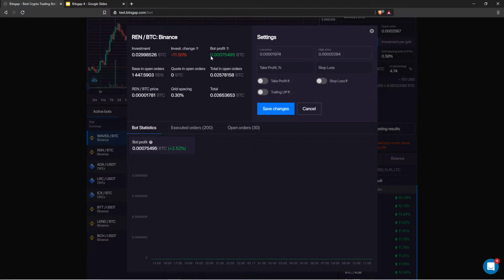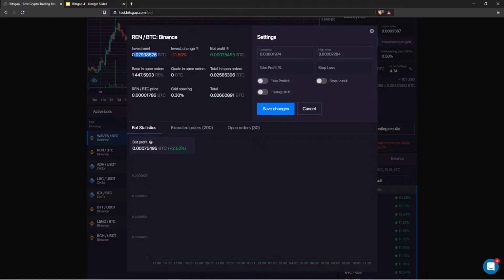Now you can see the value of total open orders in the base currency, with the bot profit added value.